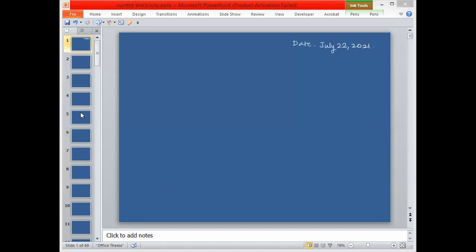Example number 61. Okay, all right. We found out the total power consumed by the circuit. So find out the power consumed by the first bulb plus second bulb plus third bulb plus fourth bulb.